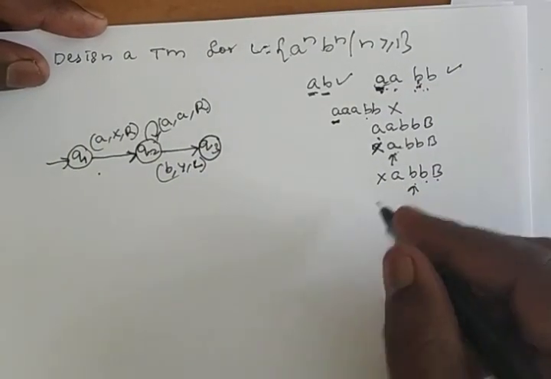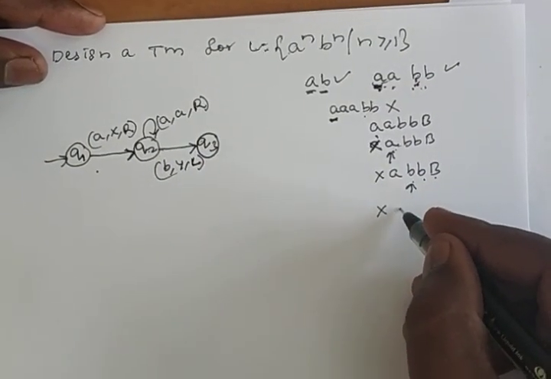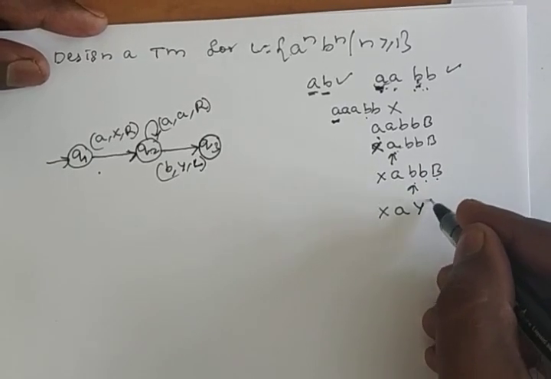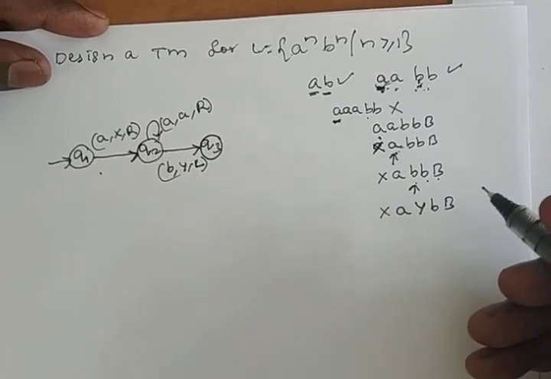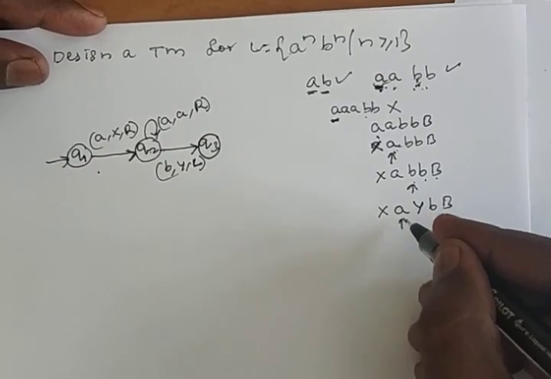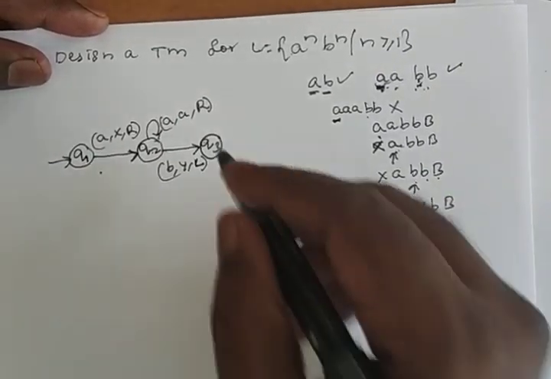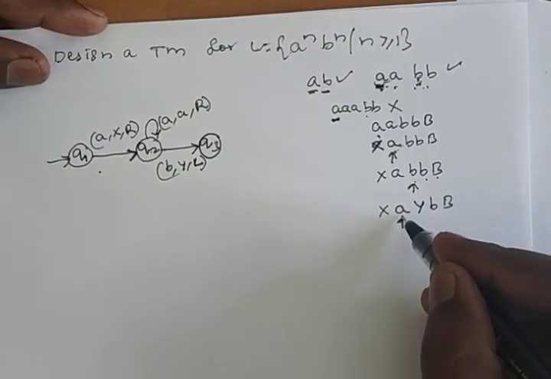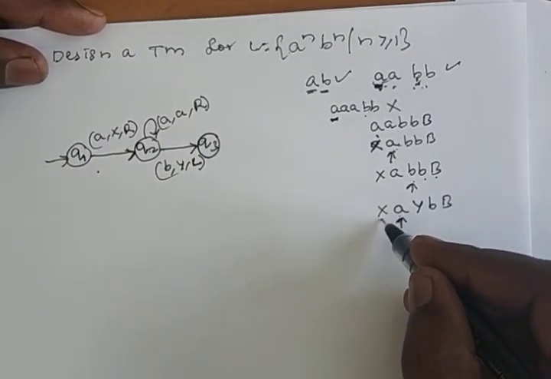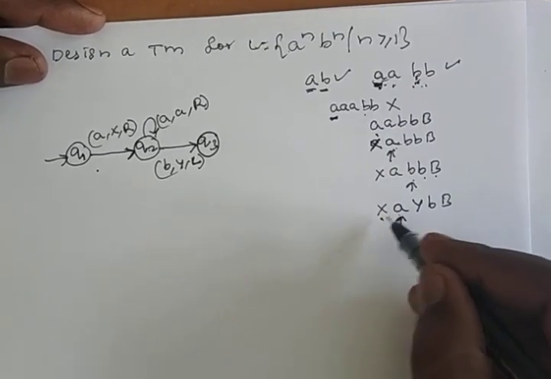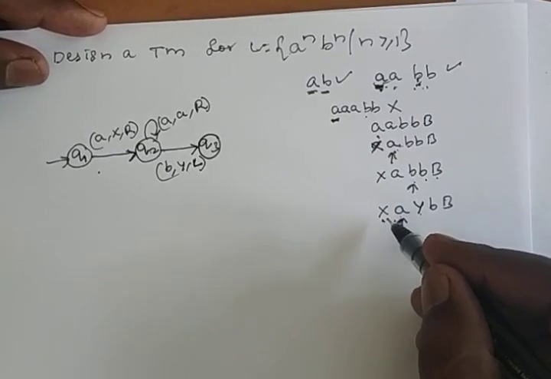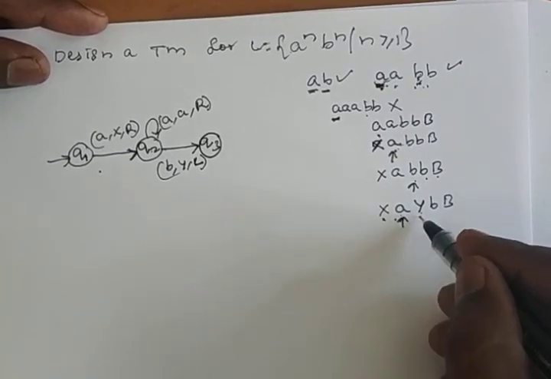Now when I replace this, X, A, B is replaced by Y, and B is here. Now the head stands in this position, and you are in the state Q3. Since you are in Q3, you should not replace this A until you reach X. You have to travel to the left until you see X. Whenever you see X, then you can travel to the right.